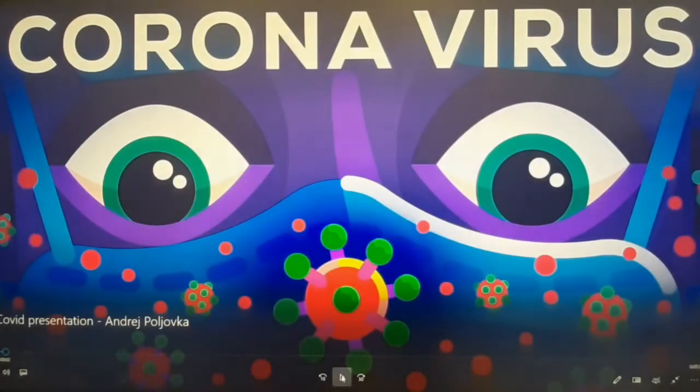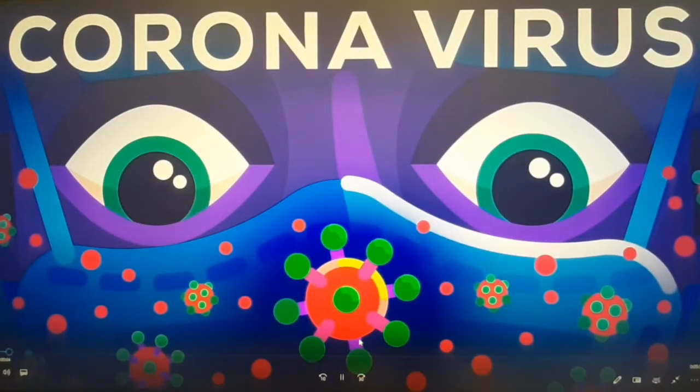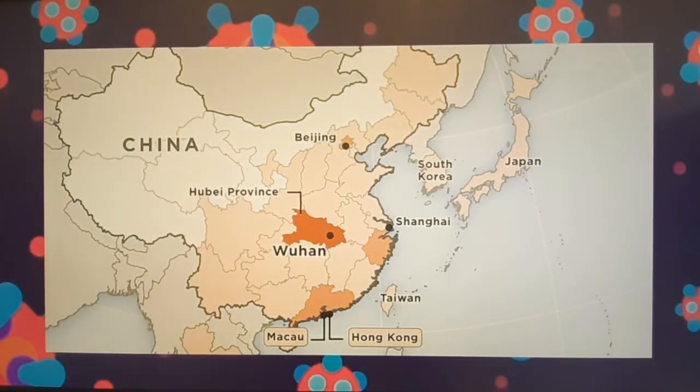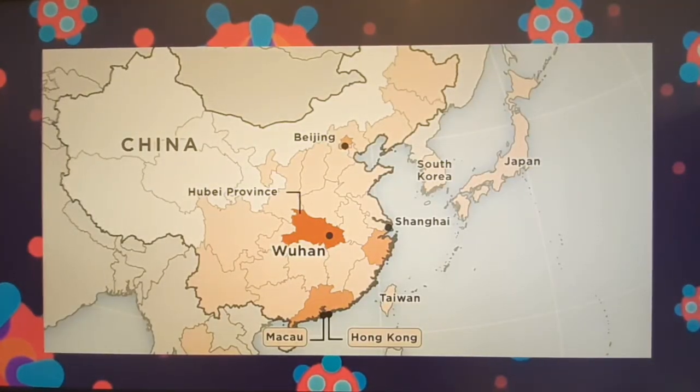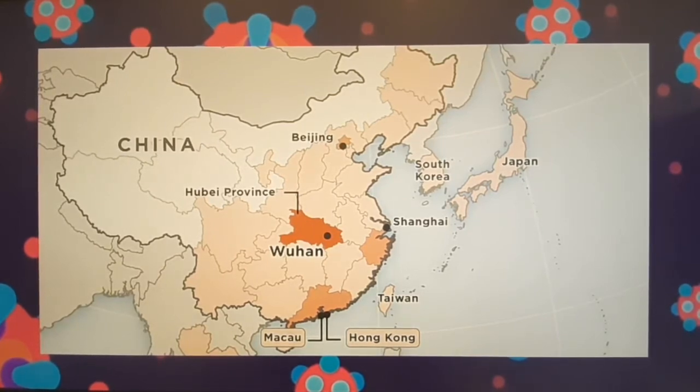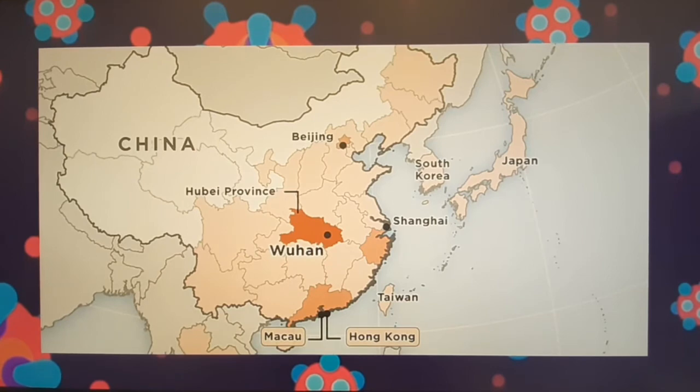presentation. The Chinese authorities identified many similar cases of pneumonia in the city of Wuhan in China. And despite complete city lockdown, the virus managed to spread to other countries and afterwards globally, with cases doubling within days.